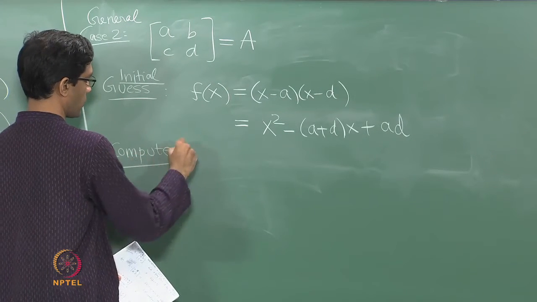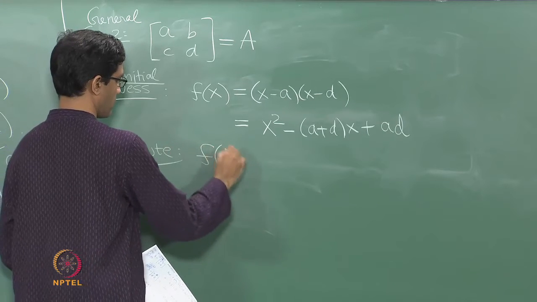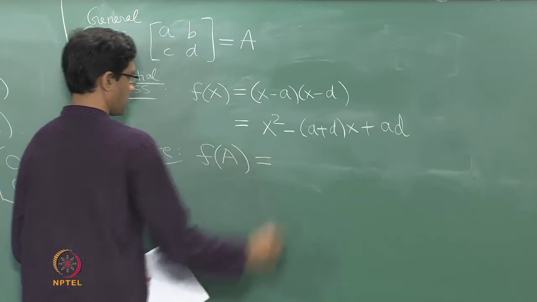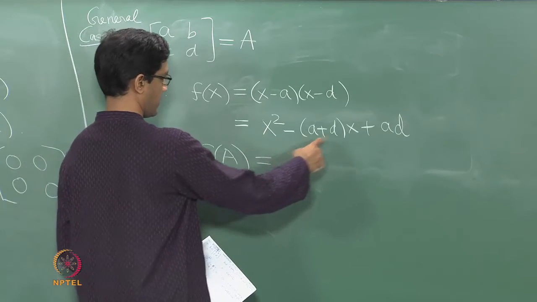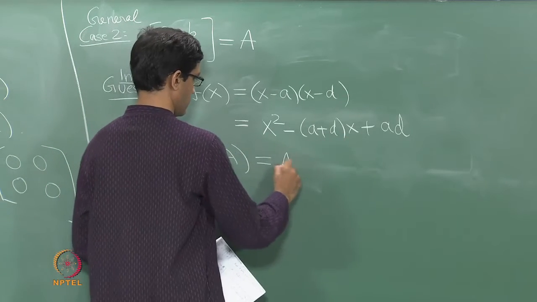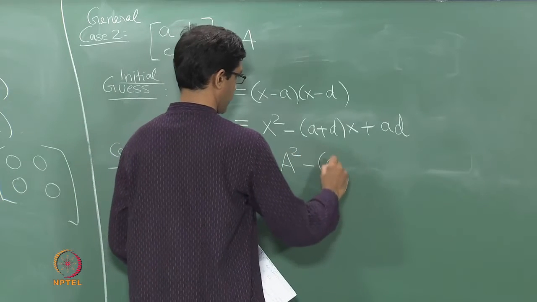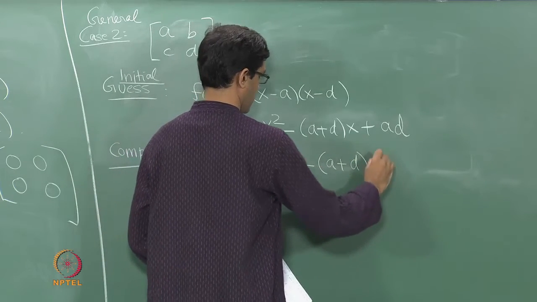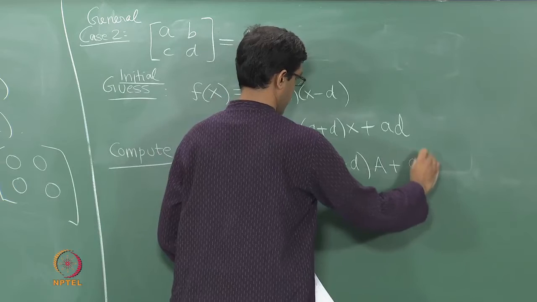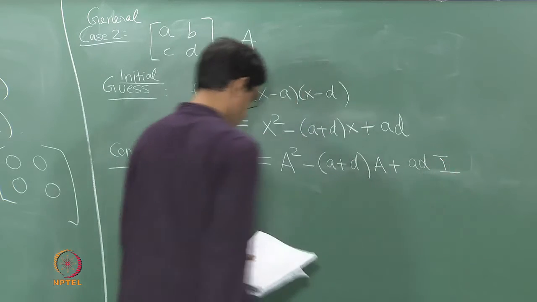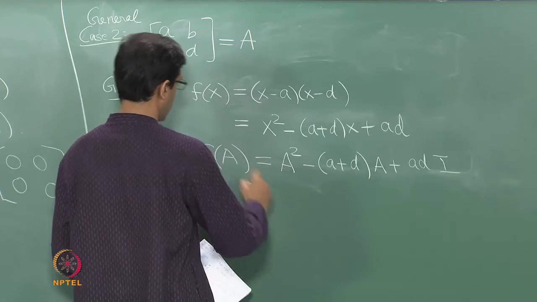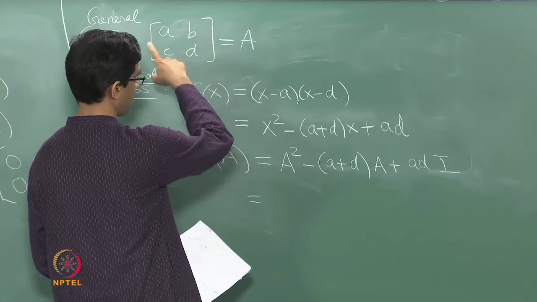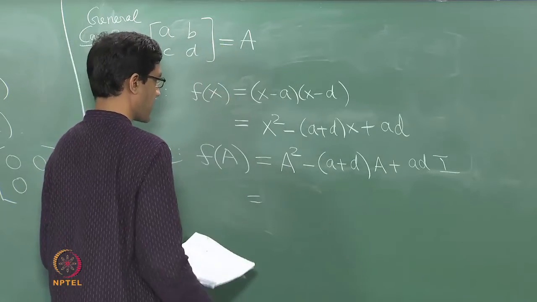So let us compute f of A. What is f of A? It is A squared first, minus (a plus d) A, so I need to square A, plus ad times the identity. Squaring A of course requires multiplying the matrix A with itself and carrying out the matrix multiplication in full.